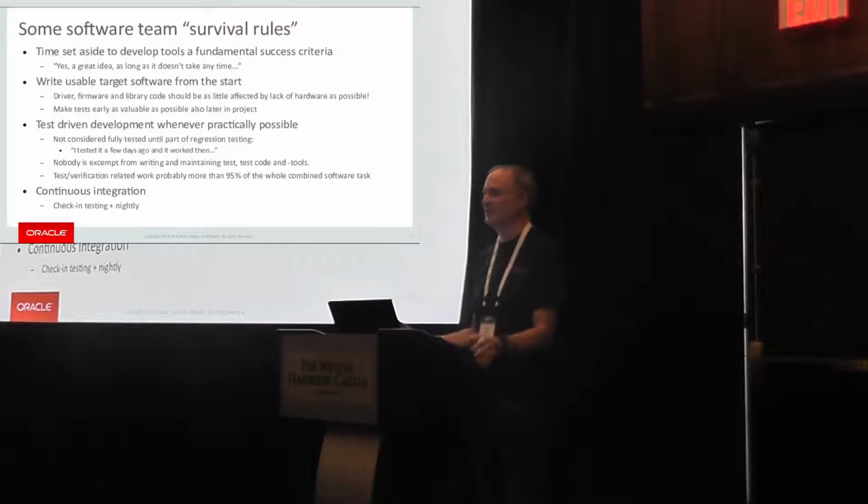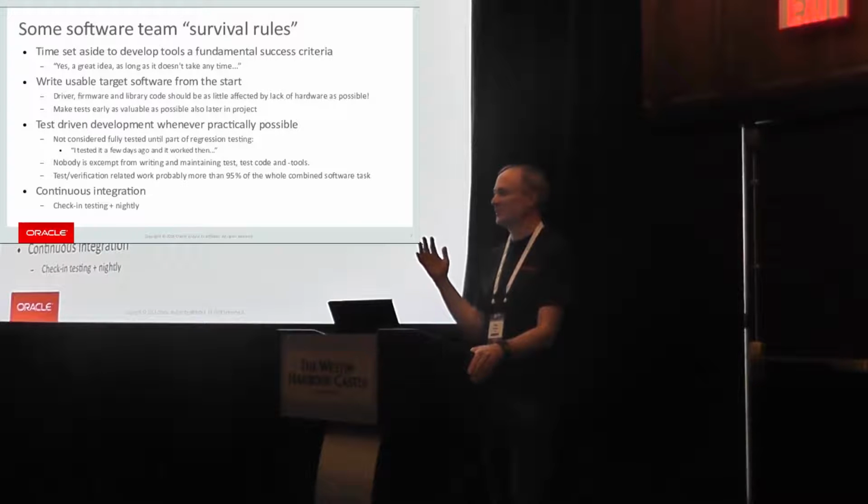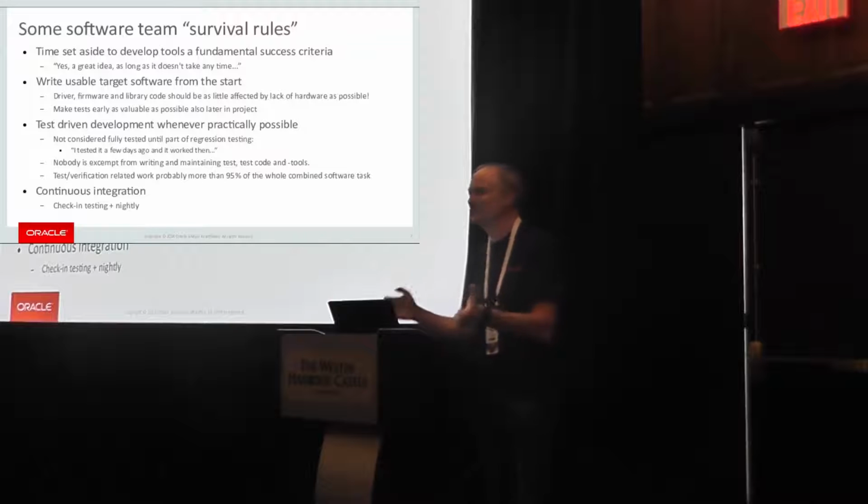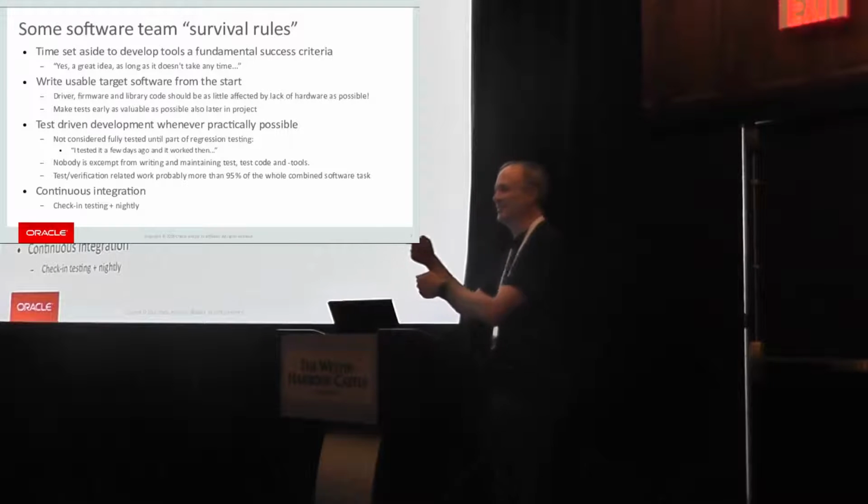And we also decided very early to do test-driven development, not test-driven to the extreme sense, but in the sense that whenever we have an issue that is serious enough, we write a test for it and deploy that test so that that error will never happen again.